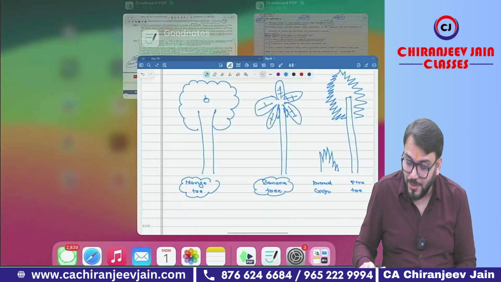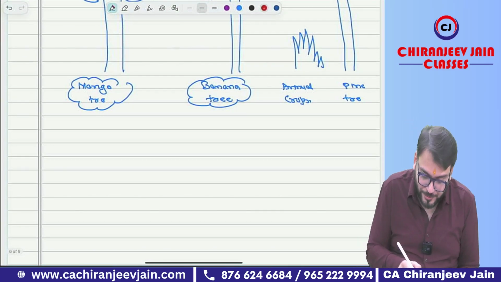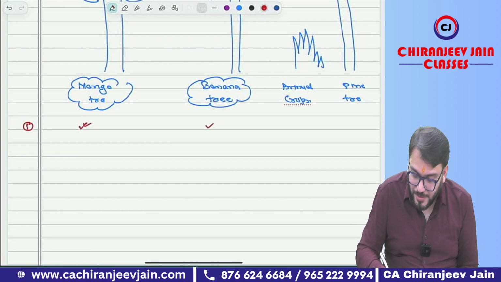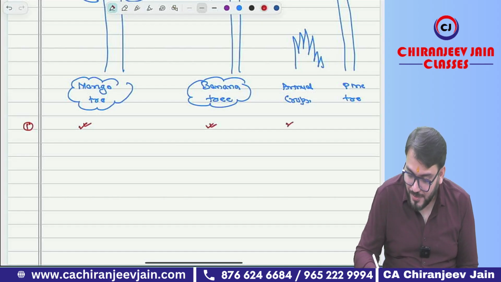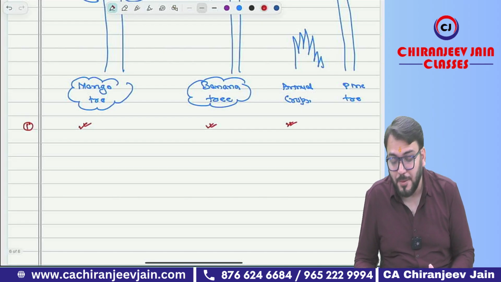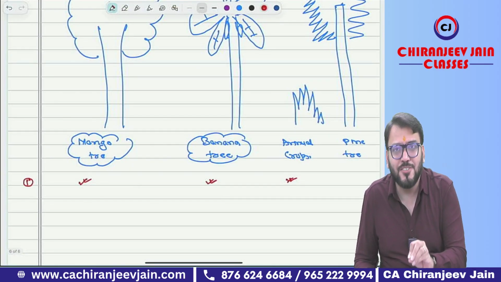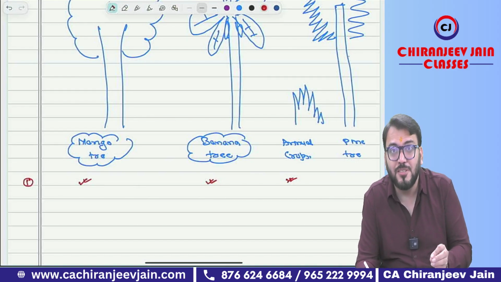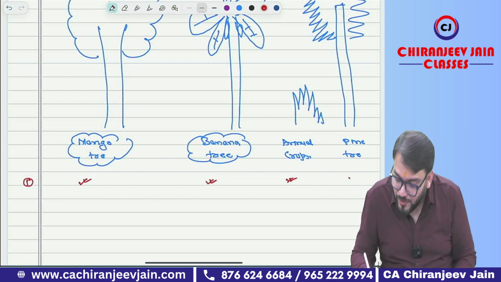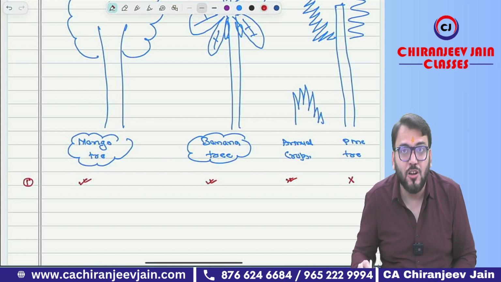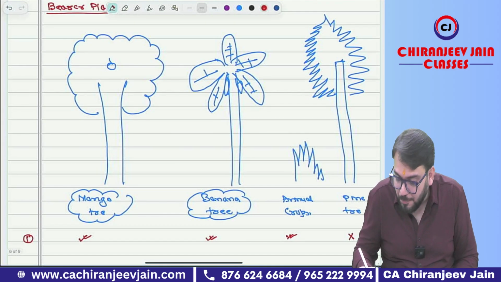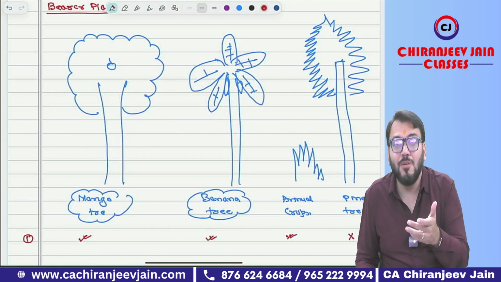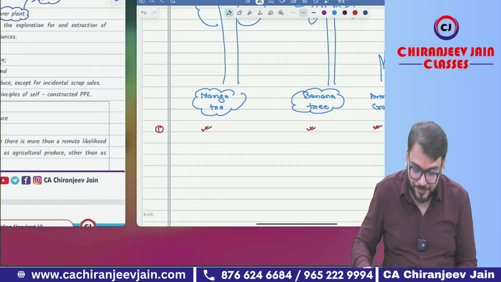In this, the first condition is satisfied, in this also, in this also, but the pine tree is not for production or supply of agricultural produce. The first condition is not satisfied, therefore it is not a bearer plant. Means the last example, pine tree, is not an example of a bearer plant. Okay, sir.